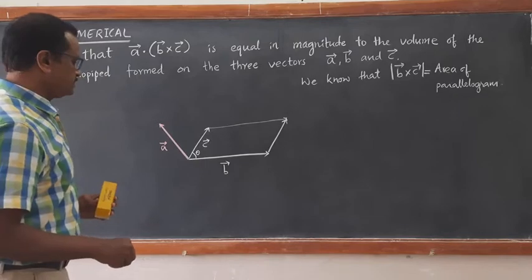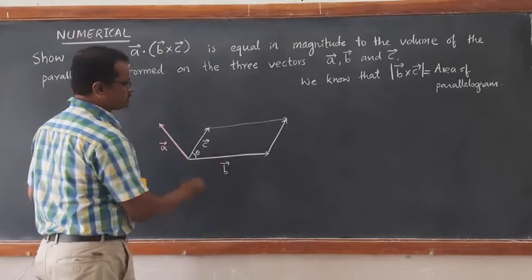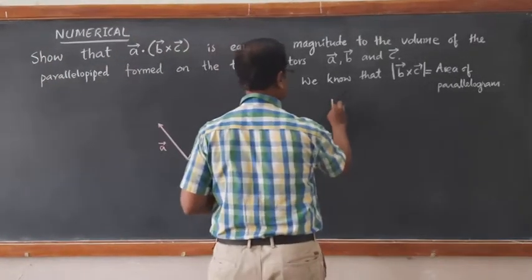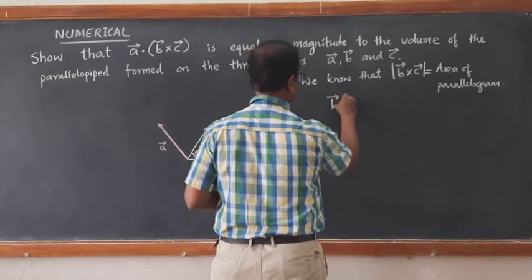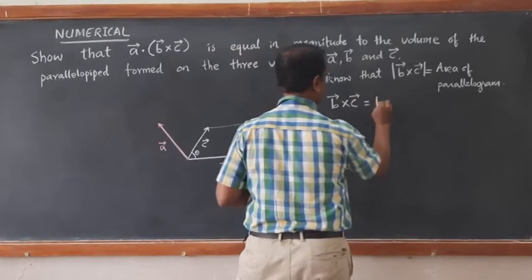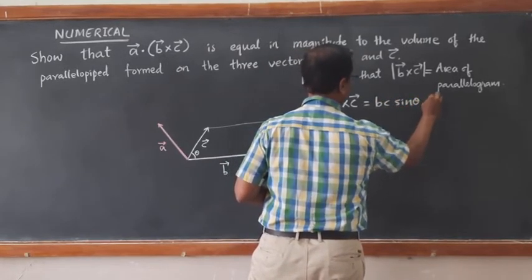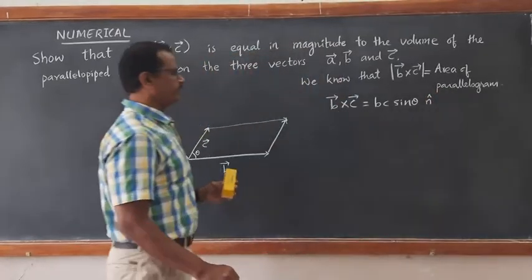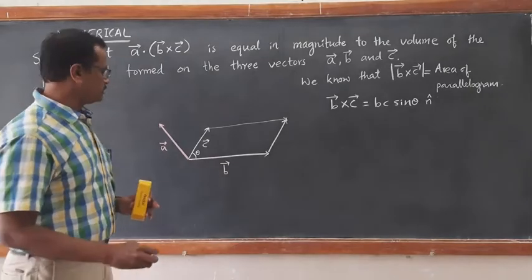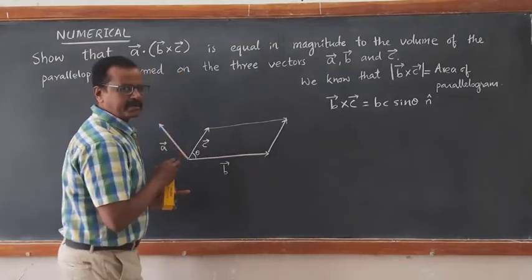Now, if you take only B cross C, we know by definition it is BC sin theta into unit vector n, where unit vector n is perpendicular to the plane containing B and C. So the magnitude of B cross C gives us the area of this parallelogram.